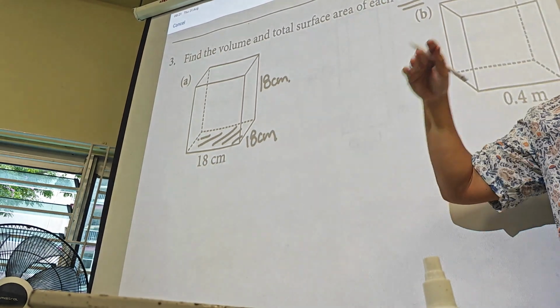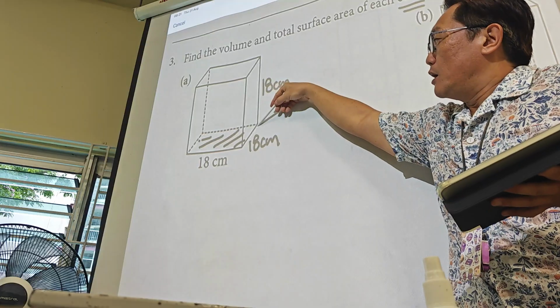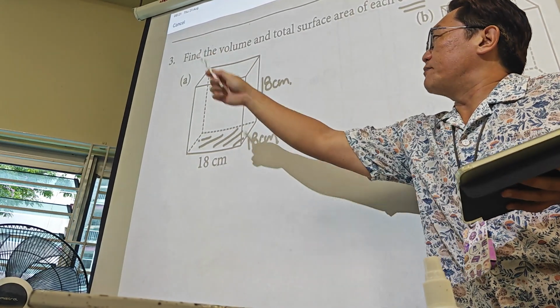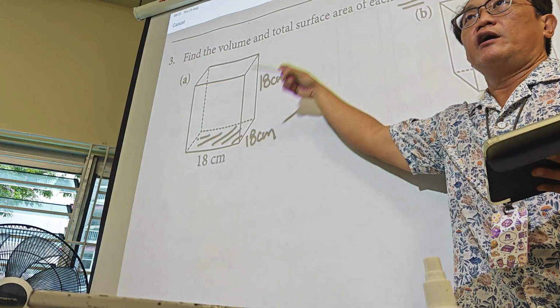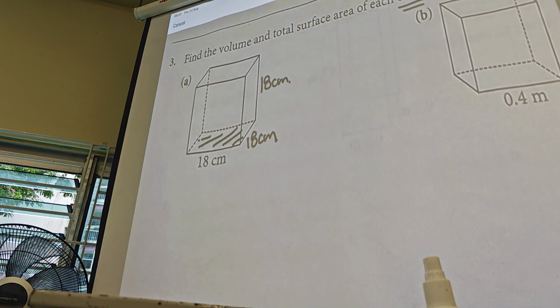So the whole thing, you look from the side, you will also see a square. You look from the bottom, you will also see a square. You look from the front, you will see a square. You look from the top, you will see a square. That is a cube. Every side you see is a square. Okay?